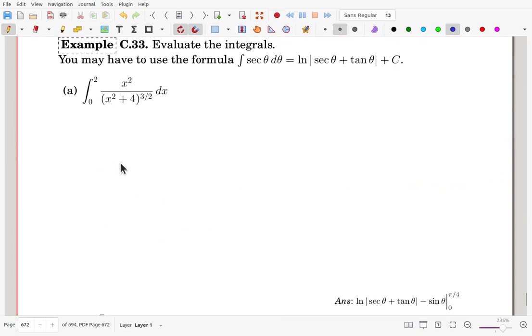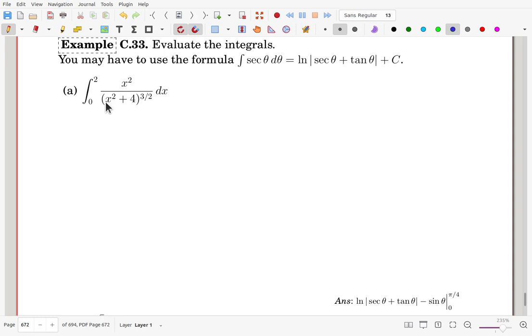Okay, evaluate the integrals. For this one, x can be any number. It can be very large. Now, for this one, we try to use x equals 2 tangent theta. Right?